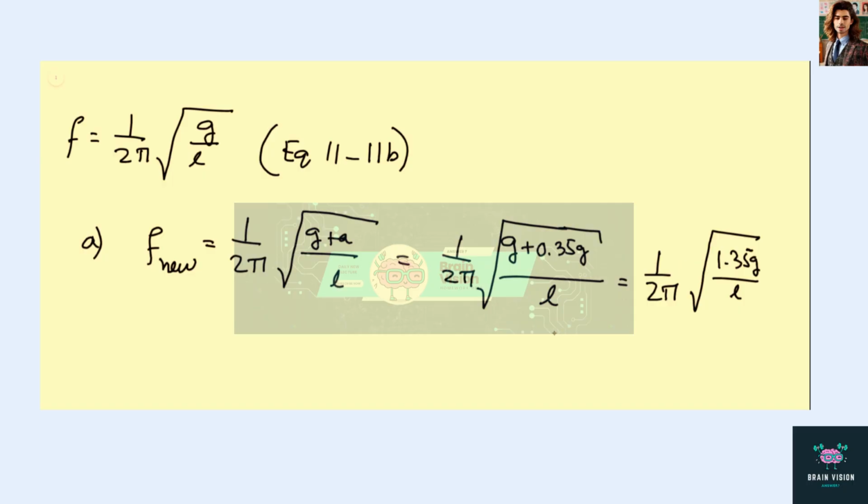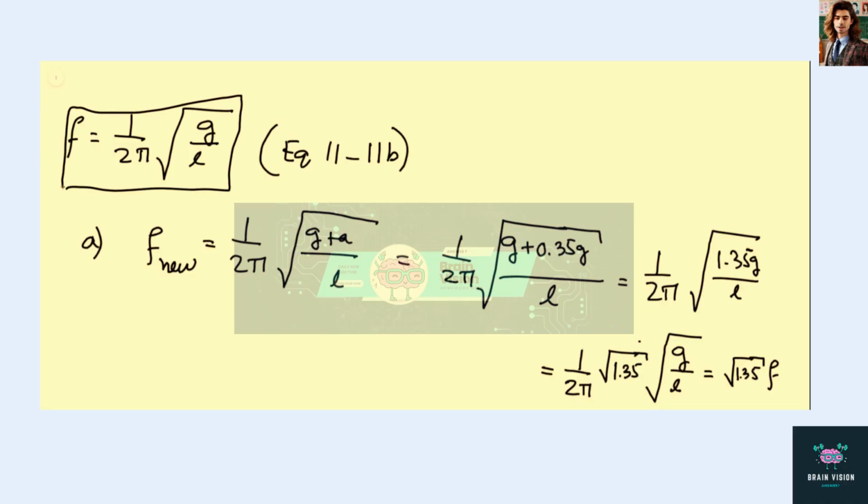So now we can take the constant, or we can take 1.35 outside. So we have 1 over 2 pi times square root of 1.35 times square root of g over L. So that's equal to square root of 1.35 times f, where f is the frequency defined at the beginning of the problem.